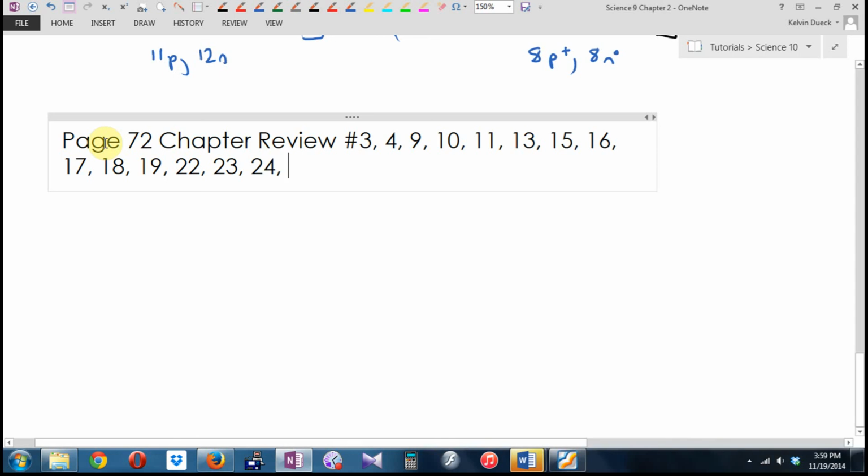Wow. 25. Americium, ruthenium. I know where uranium is. I'd have to look for the other ones. 25 is fair game.